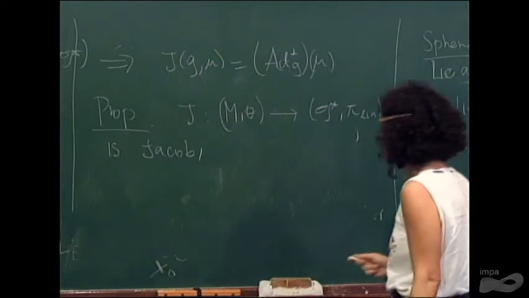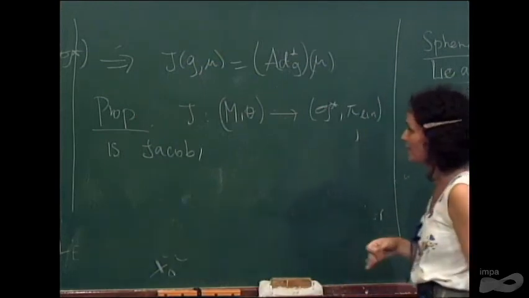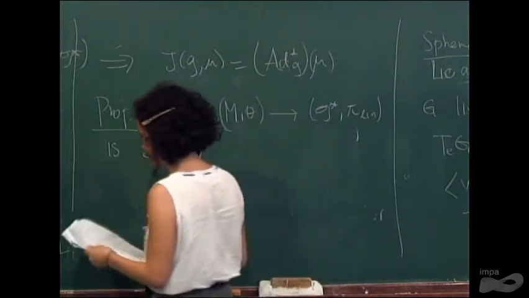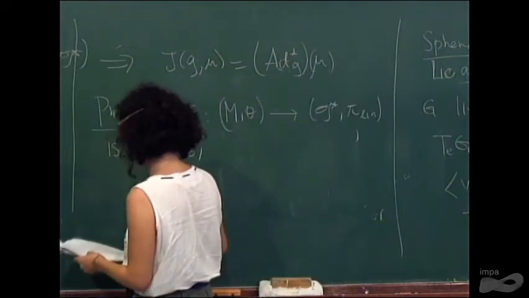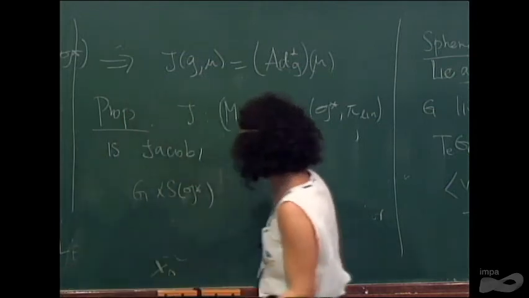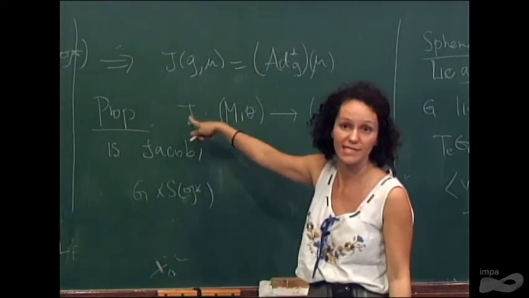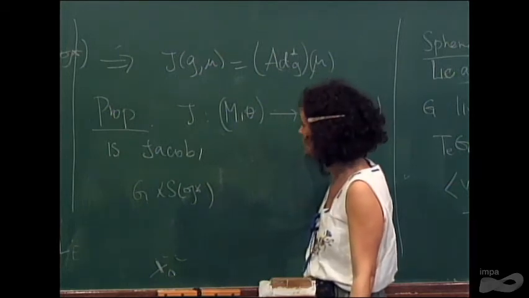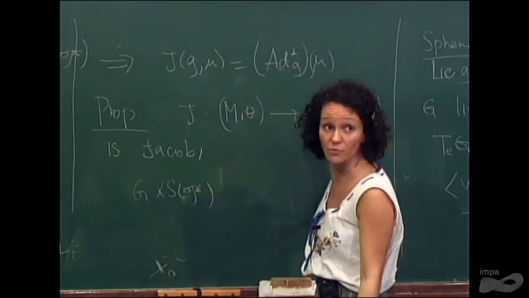Okay, so what we can conclude from here is that, coming back again to our example, we have this J on G times S of G star. So this is saying that this is a realization of this as a Jacobi manifold.